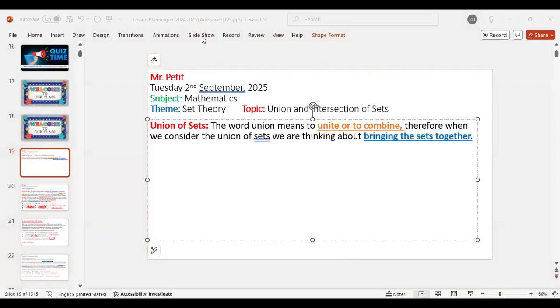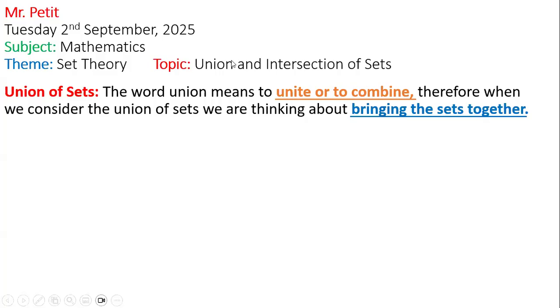Ashanti, are you there? Ashanti, can you hear me? Okay, read the two sentences that we have for me, please. The word union means to unite or to combine. Therefore, when we consider the union of sets, we are thinking about bringing the sets together. Very good. And Bridget, can you read the two sentences for me, please?